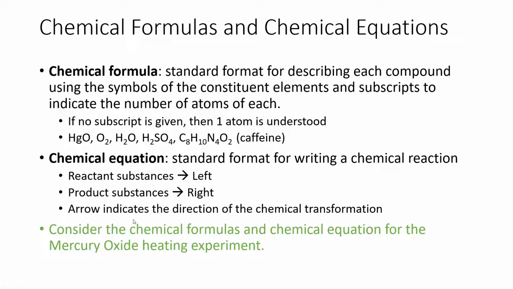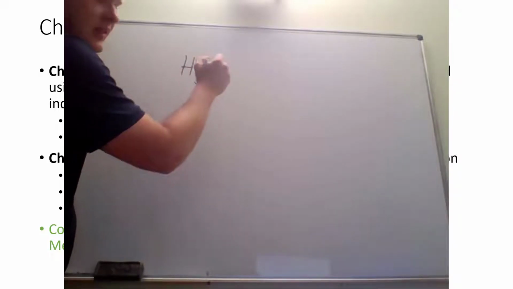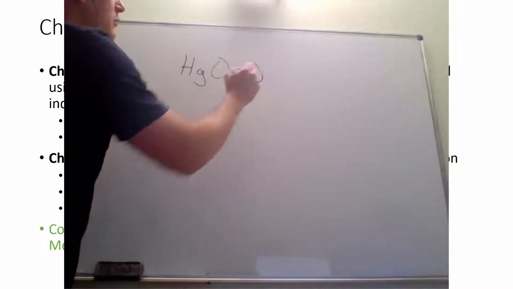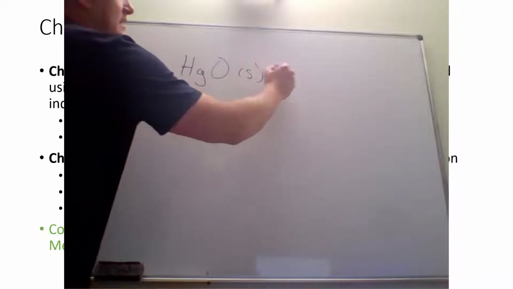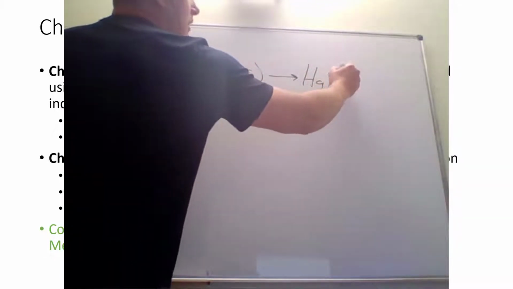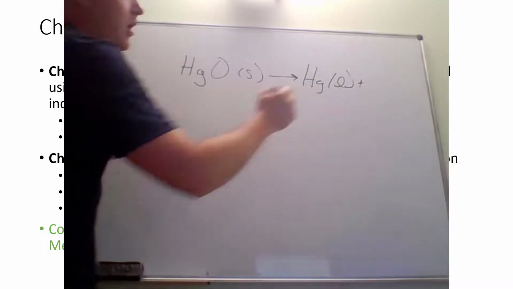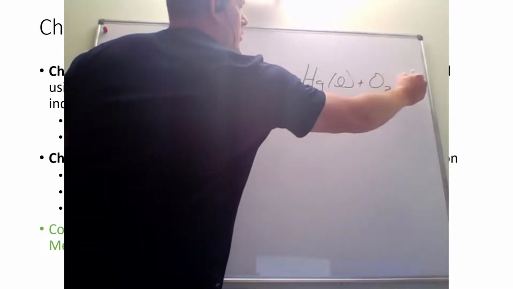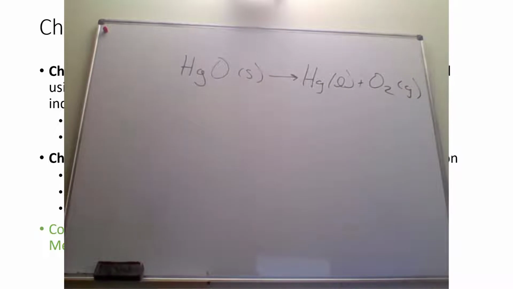Let's consider the chemical formulas and the chemical equation for the mercury oxide heating experiment. We have our reactant, mercury oxide, which we can put as a solid, heats up to form Hg, which is mercury, as a liquid, plus O2, which is oxygen, as a gas.